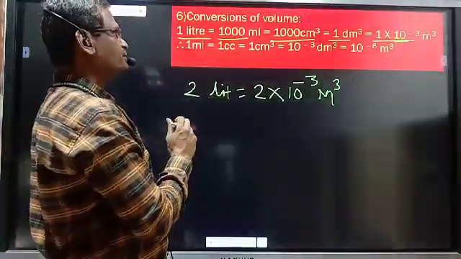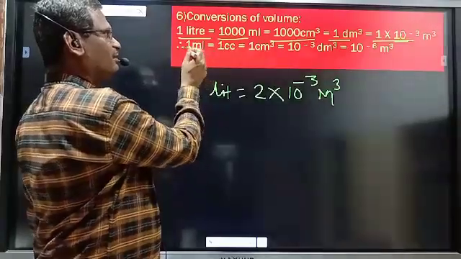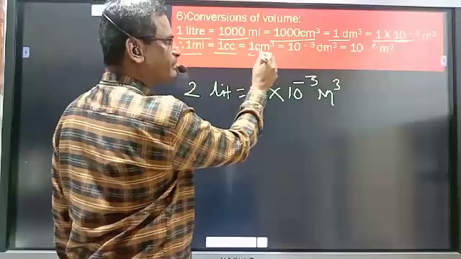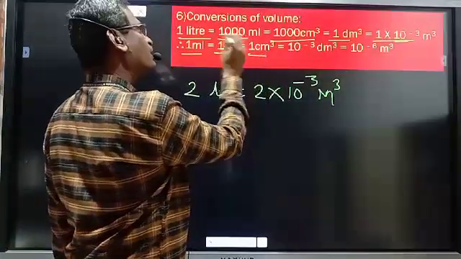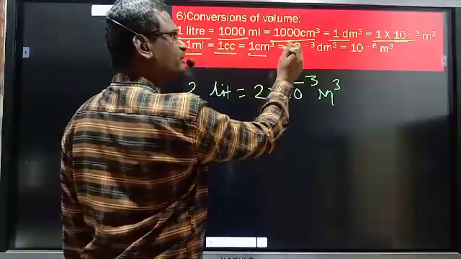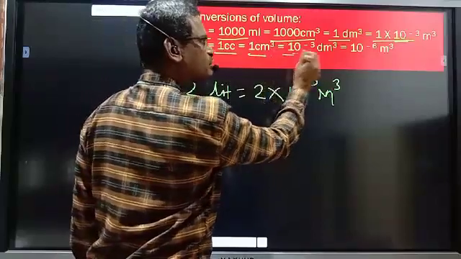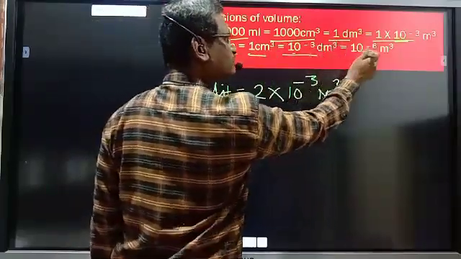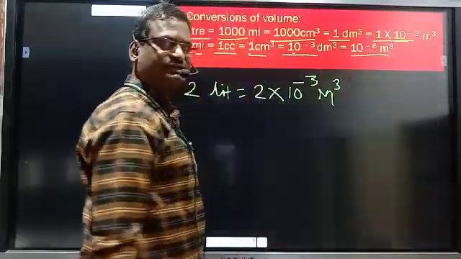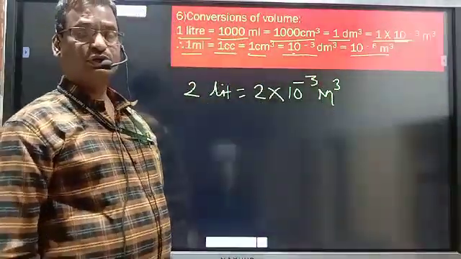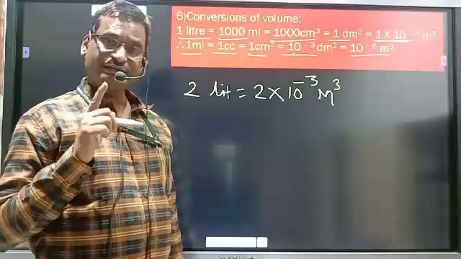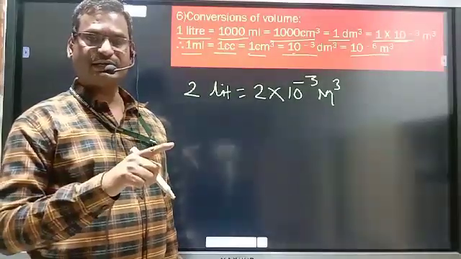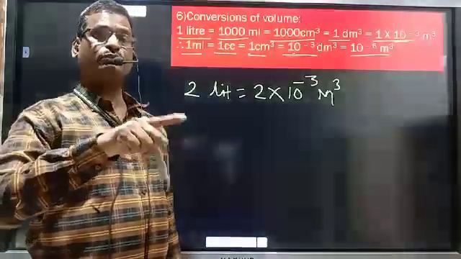Those type of conversions. Further, 1 ml is nothing but 1 cc, cubic centimeter. To convert it to decimeter cube, multiply by 10 raised to minus 3. Again multiplied by 10 raised to minus 3, it becomes 10 raised to minus 6 meter cube. So conversion of cc to decimeter cube to meter cube is also important.